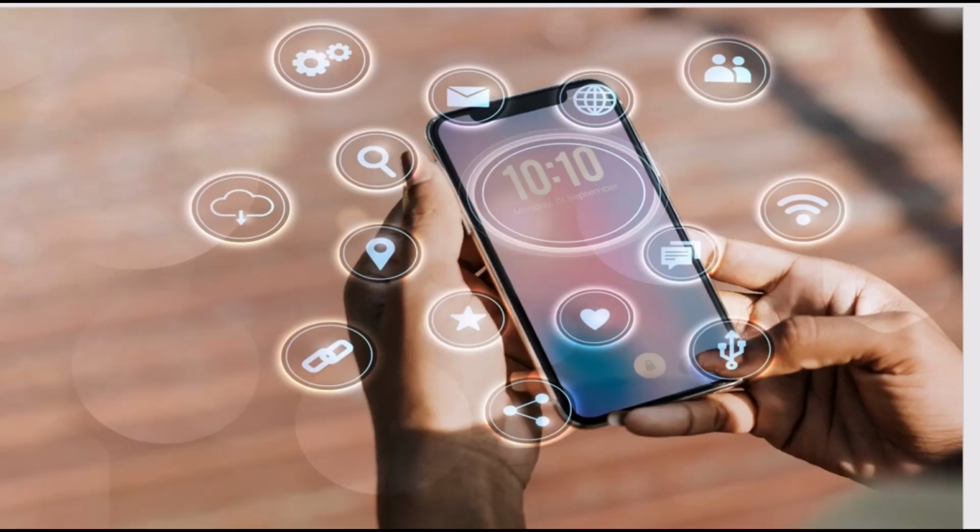Now, since the internet came to be back in the 1960s, we have all felt the impact of the internet today. It has revolutionized the way we live, the way we work, and the way we play.